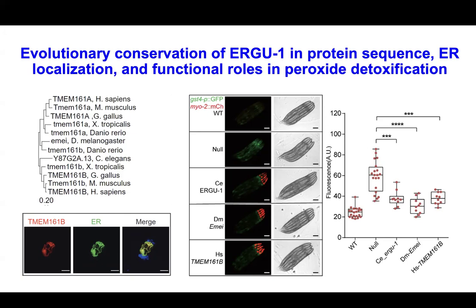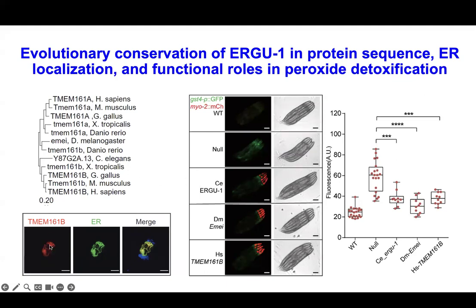And indeed, you can see the transgenic expression of C. elegans, Drosophila, and human homologues are able to suppress the upregulation of GST4 GFP expression in the C. elegans mutant, indicating the function of this protein family is broadly conserved.